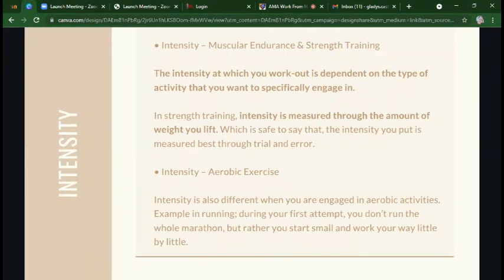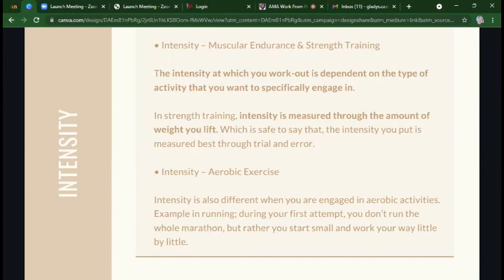for muscular endurance and strength training, the intensity at which we need to work out depends on the type of activity that we specifically want to engage in. In strength training, intensity is measured through the amount of weight that we lift. It is safe to say that the intensity we use is measured best through trial and error.